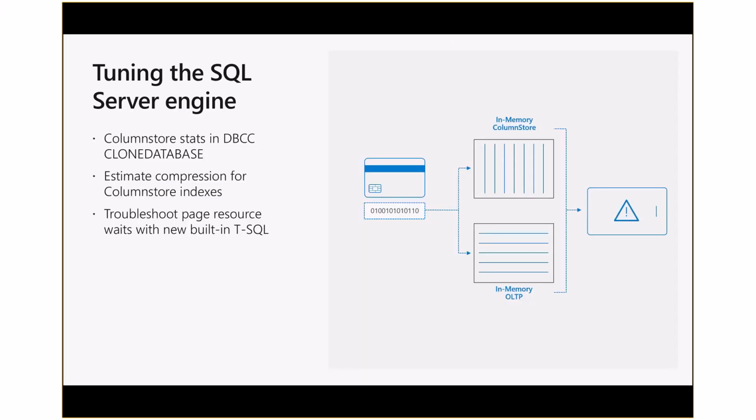Okay, so basically these are some details with regards to tuning. I would say there are a lot of details that happen behind the scenes as well. Really some highly requested stuff like columnstore statistics in DBCC CLONEDATABASE, and some other stuff as well.